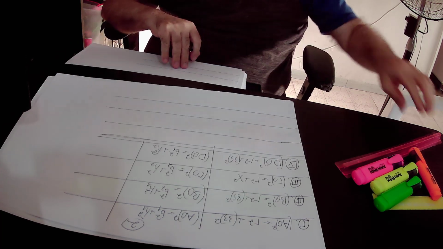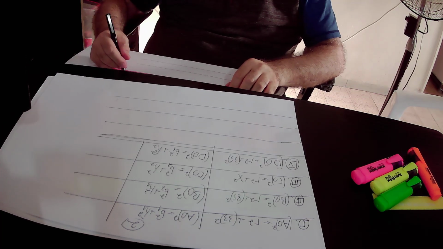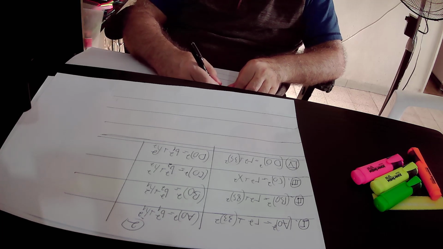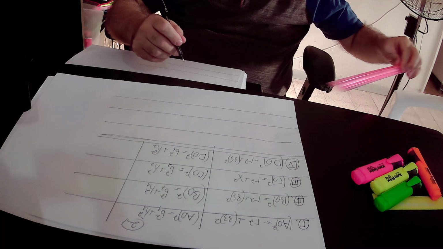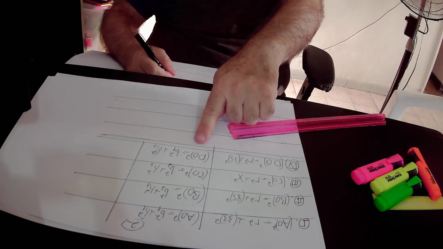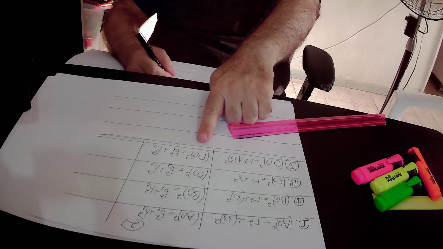And finally, we'll create equation number 4 that states that DO square according to equation number 1 must be equal to DO square according to equation number 2.